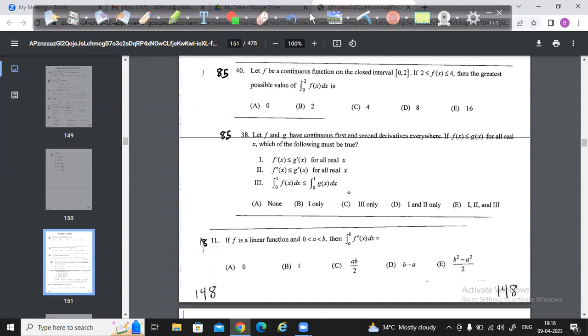So he says that f and g have continuous first and second derivatives everywhere.